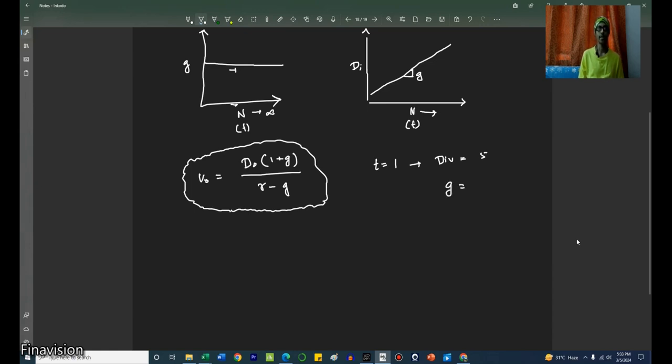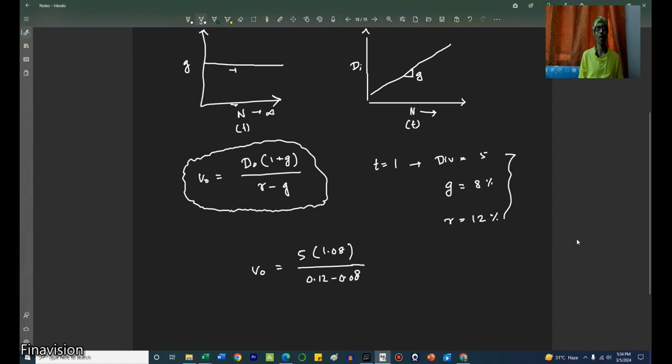The growth rate is 8%. This is a perpetual growth rate and the required rate is 12%. Right, guys? So what is the V0 or value here? So this will be 5 into 1.08 by 0.12 minus 0.08, right?